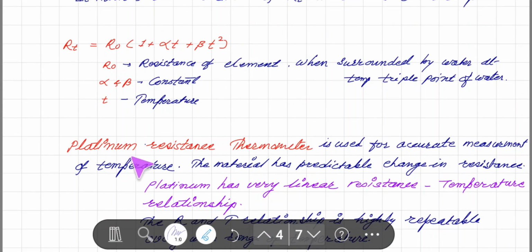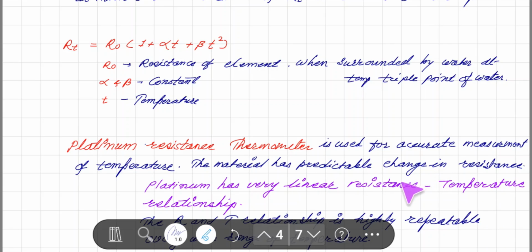Now let us talk about the platinum resistance thermometer. The name itself indicates that the material platinum is used as a resistive element in this thermometer, and it is used for measurement of temperature. So it is called a platinum resistance thermometer. Basically it is used for accurate measurement of temperature, and the material has a predictable change in resistance.